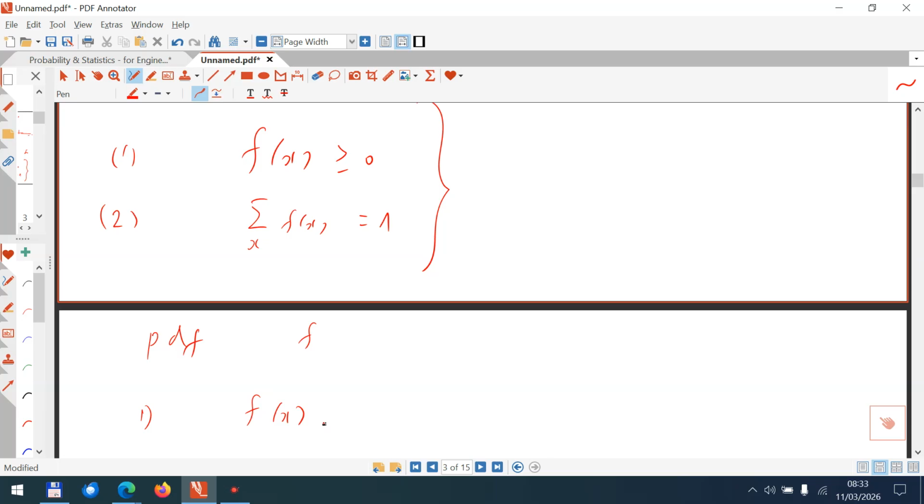It can be 0, I guess. Yeah, but it's PDF. But can't density at a particular point be 0? Yeah, it can be 0. But can it be negative? That's what I was asking. Can a PDF be negative?